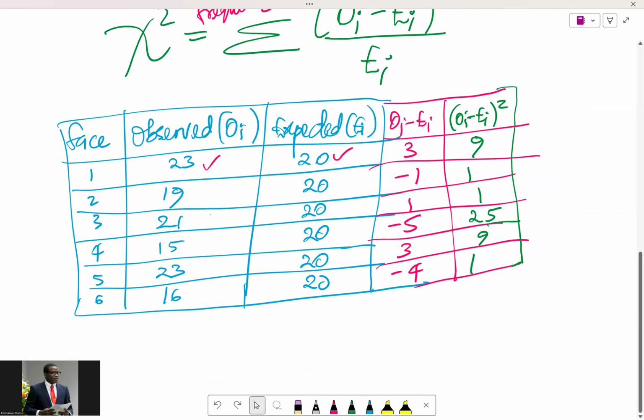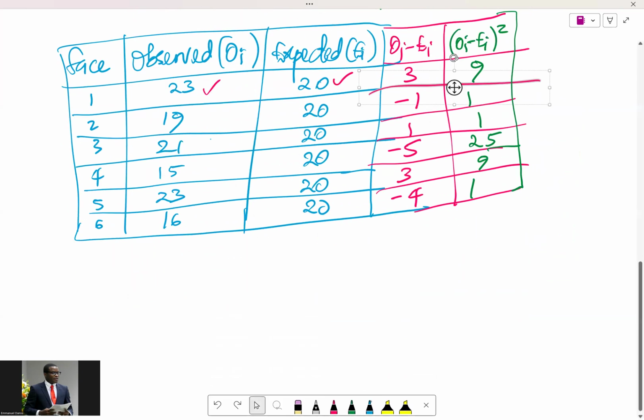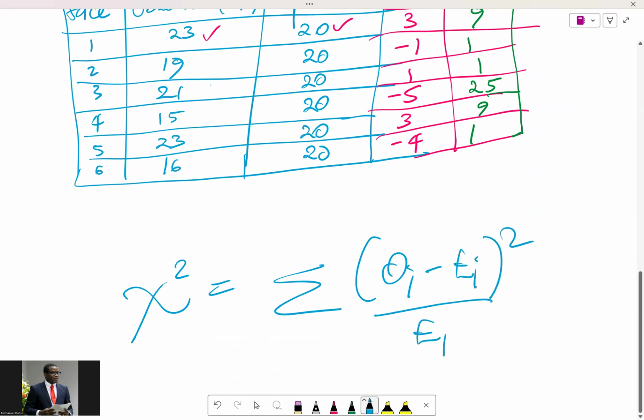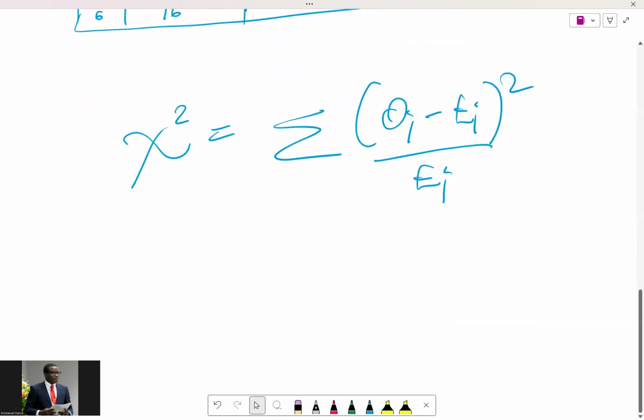So we can now say we have chi squared equals summation of O I minus E I all squared divided by E I. Then we sum all of that together.